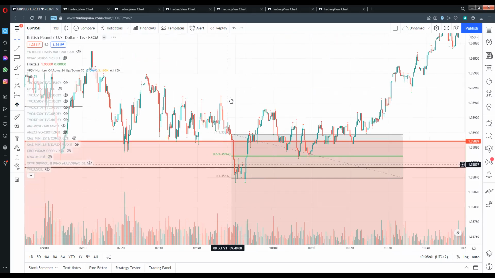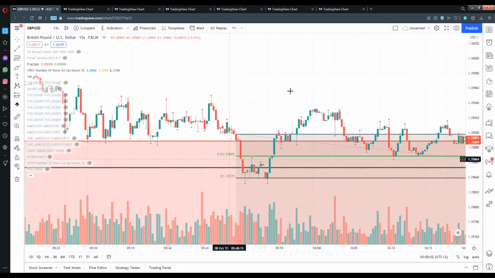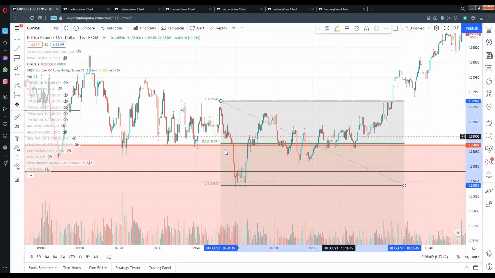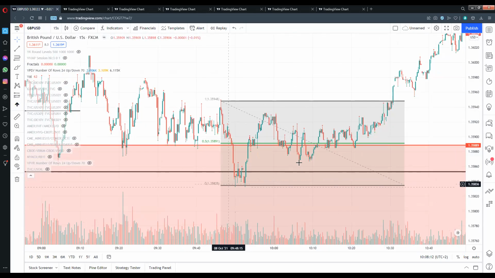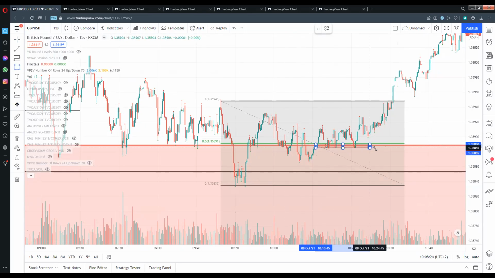Actually, we could take it like this here. This would be our 15-second balance area, okay? Swing high, swing low, we trade it up. What happens? We reject it, and you see how price is constantly getting higher and higher, right?